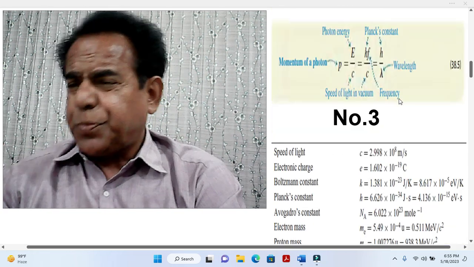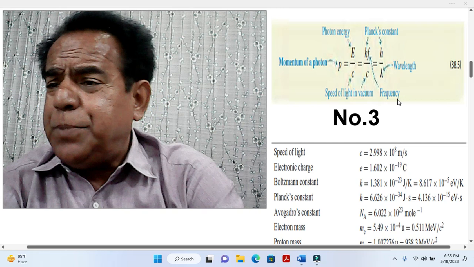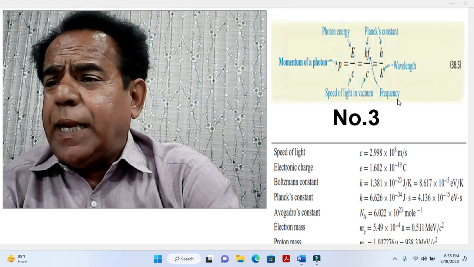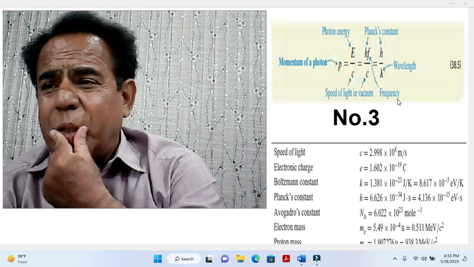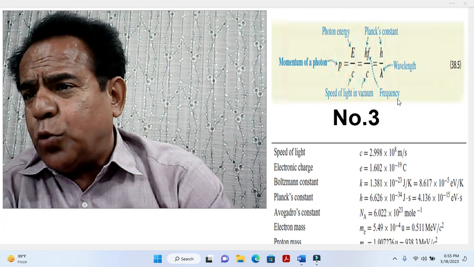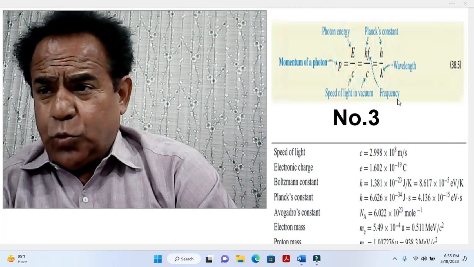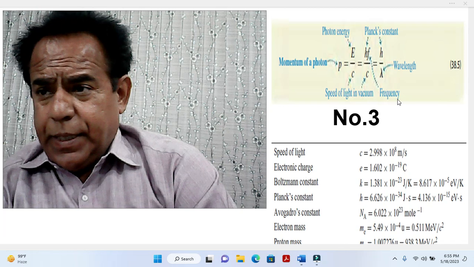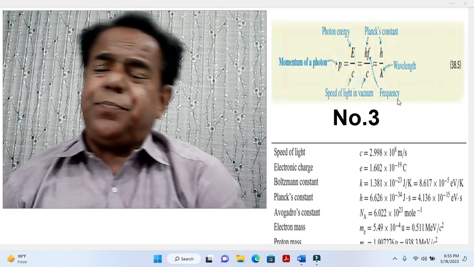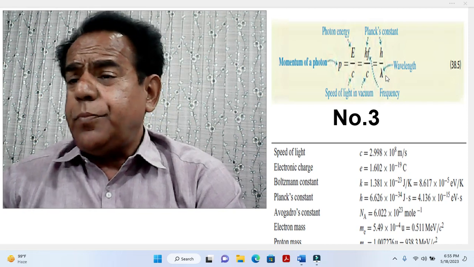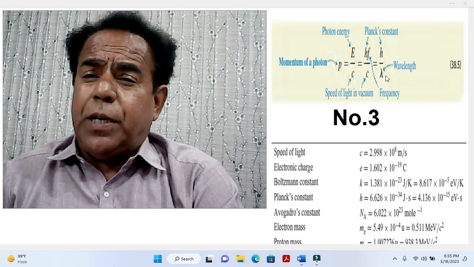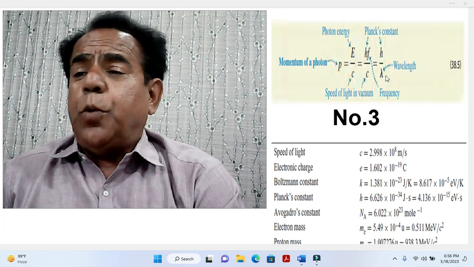Dear students, this tool has been used so many times in our previous problems that I think we should not discuss it in detail. Momentum of a photon is equal to E over C, equal to HF over C, equal to H over lambda. So we skip this tool because it has been utilized several times in our previous problems.